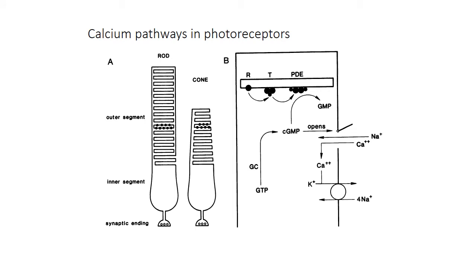When we think about light-dark adaptation in photoreceptors, the major molecule here is calcium. Calcium is important because cyclic GMP gated channels allow the influx of cations, but also the influx of calcium.